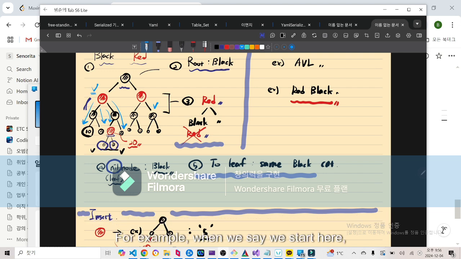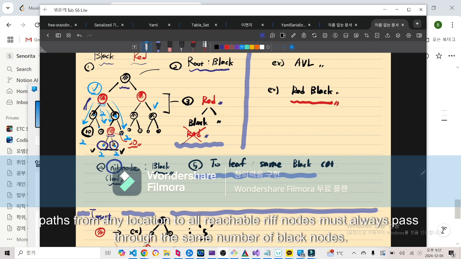For example, when we start here, there is one on the far left, there are two. The second one, there are two. One, there are two. One, there are two, right? As a rule, paths from any location to all reachable leaf nodes must always pass through the same number of black nodes.